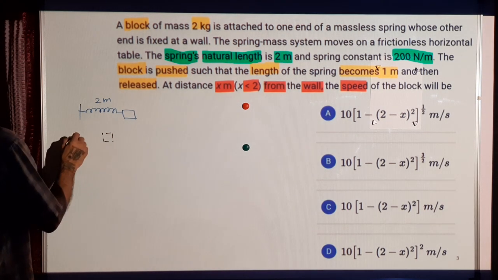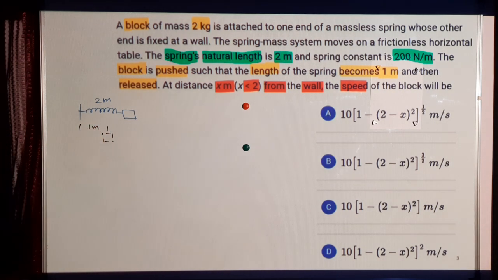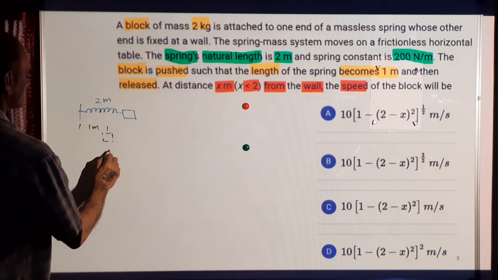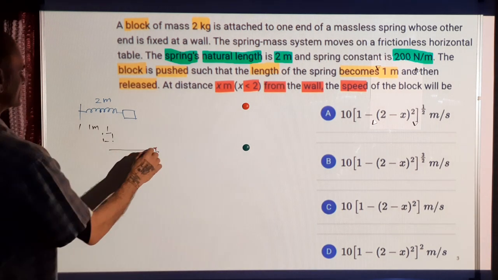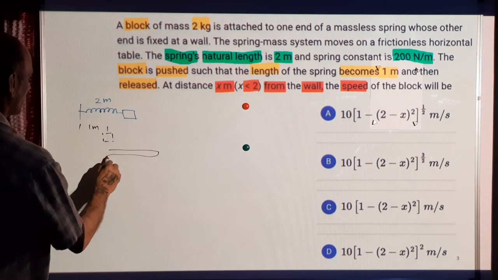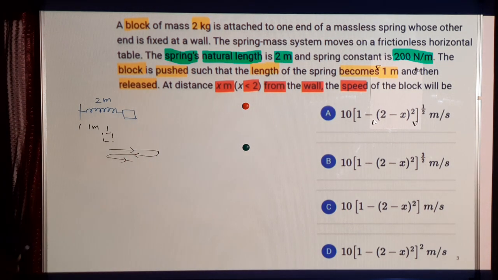So it comes here, so that this distance becomes 1 meter. After that it's released, so the spring will oscillate like this. On this side, it will again go to 1 meter by symmetry and then turn back and will keep oscillating. So this is simple harmonic motion.